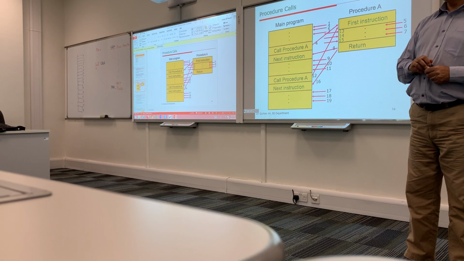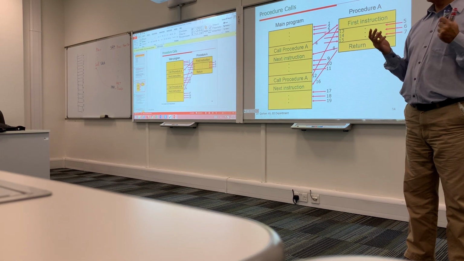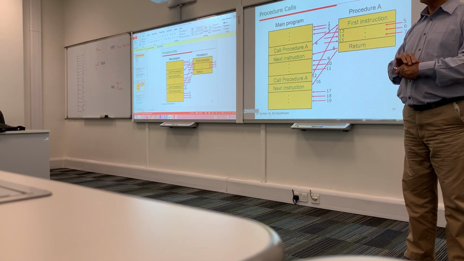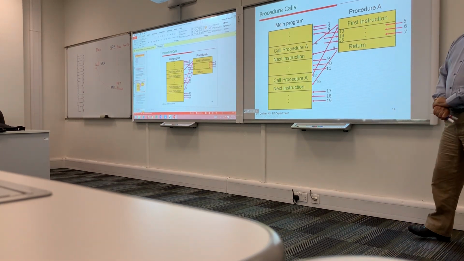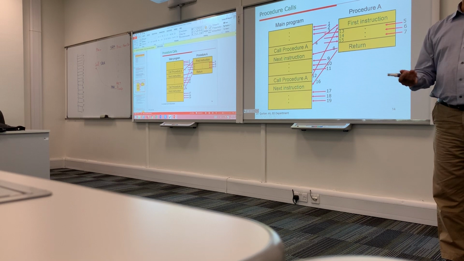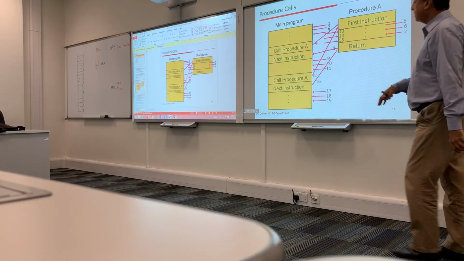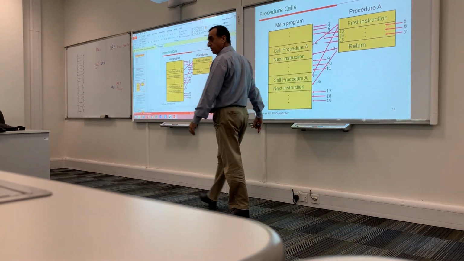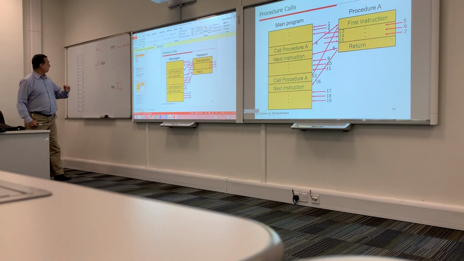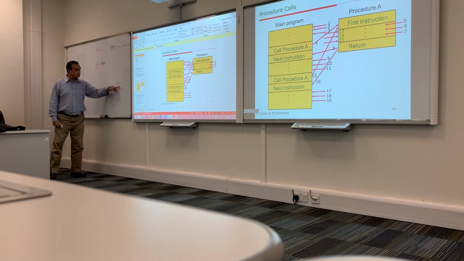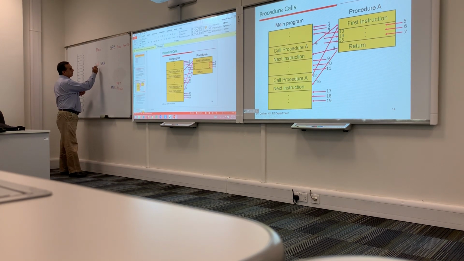It only sees RET. Return, but where? There are many calls in the main program, right? So where to go? So that's why when we were saying call and return, they have something special together.